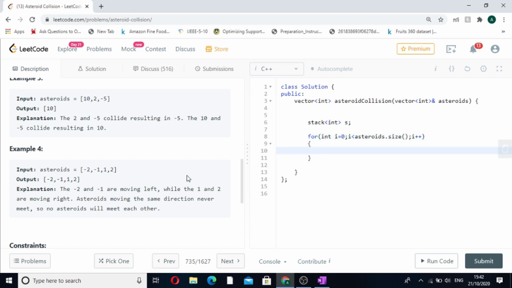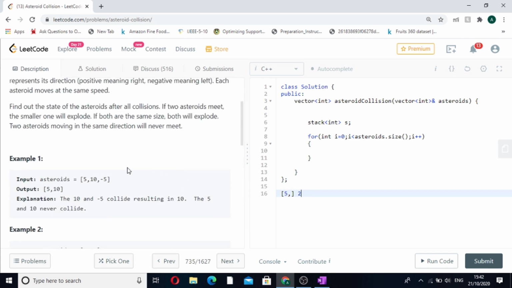Now see, there are two cases. If there is already 5 in this stack and we encounter an asteroid 2, what will happen in this case? 5 is moving in the right direction and then we encounter asteroid 2, which is also moving in the same direction.